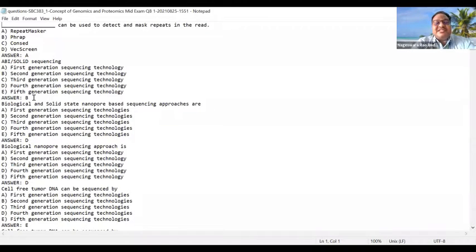The next question: biological nanopore based sequencing and solid state nanopore sequencing approaches, are they first, second, third, fourth, or fifth generation?